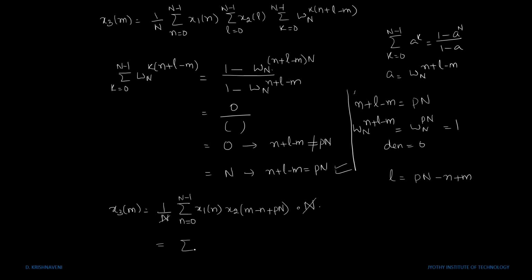So this is equal to summation n equal to 0 to N minus 1 x1 of n x2 of M minus n plus PN.